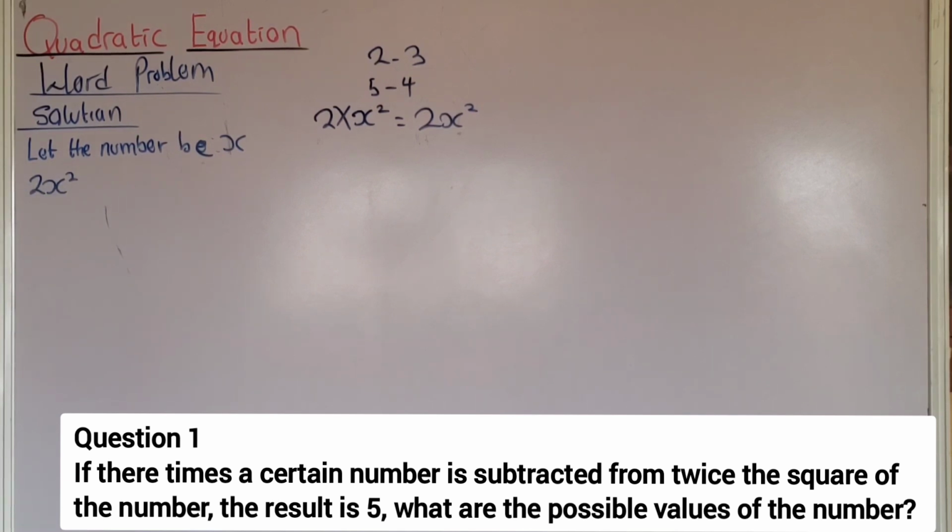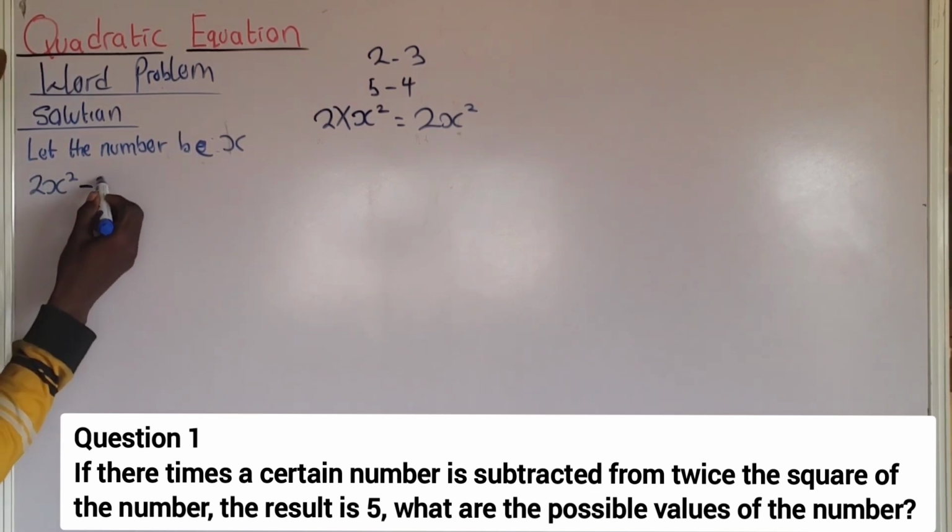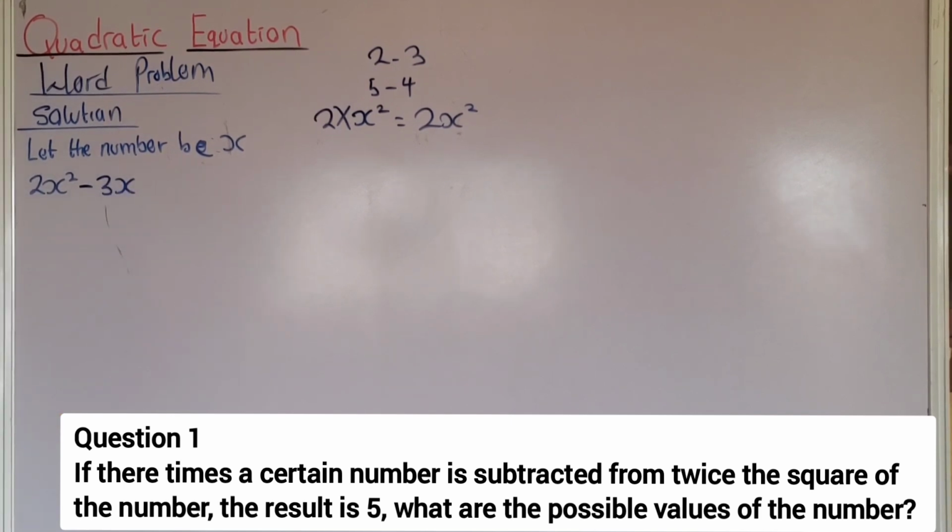Now, we are told that 3 times a certain number is subtracted from twice the square of the number. That means I'm going to have 2x squared minus 3x. Please, I hope you get what I'm doing. I'm just trying to make sure that you understand, because if you didn't learn how to interpret the question, even though you know how to solve quadratic equations, you might make some mistakes.